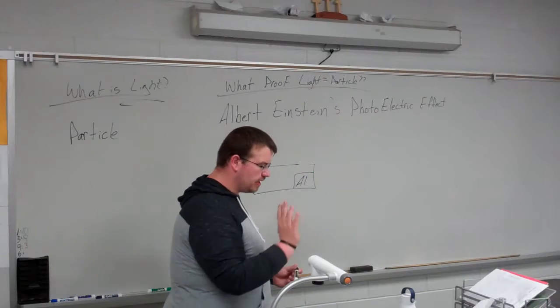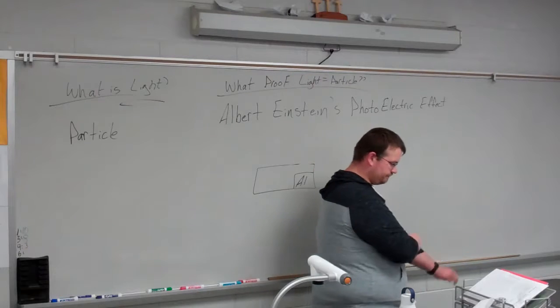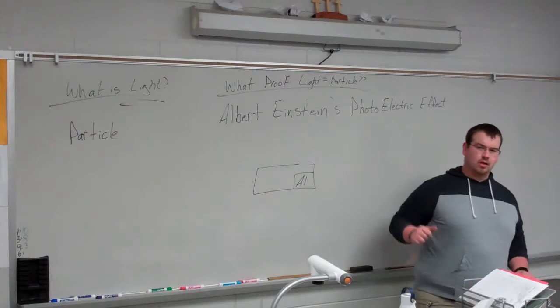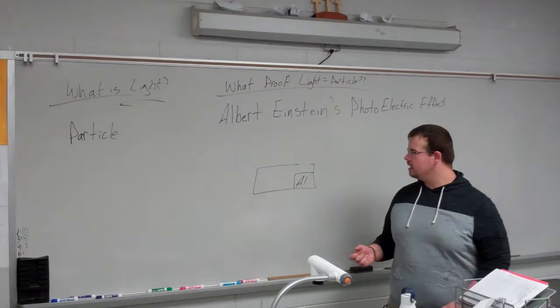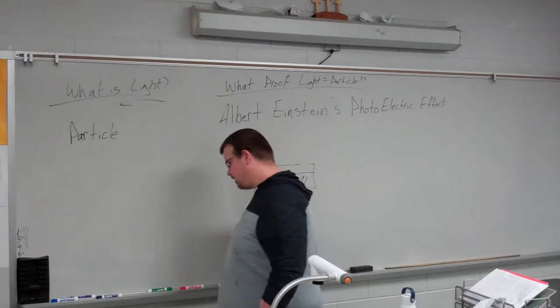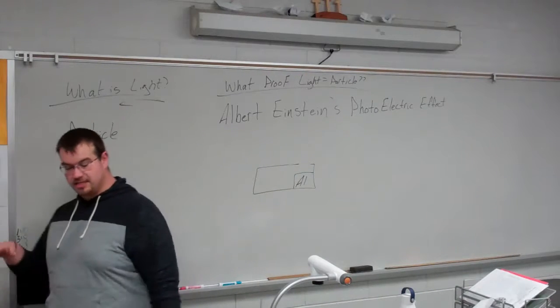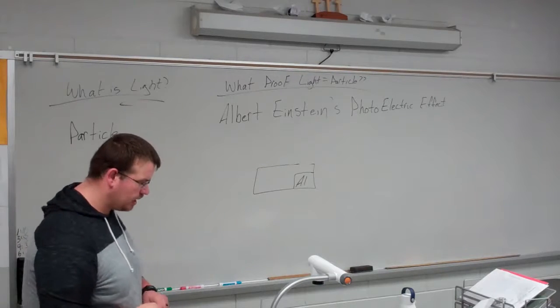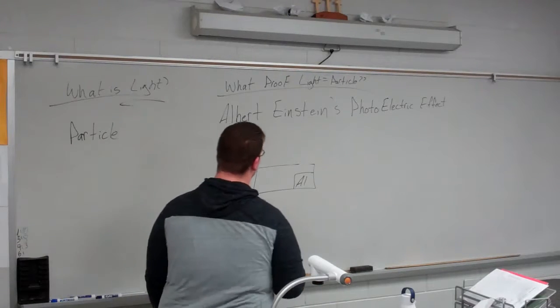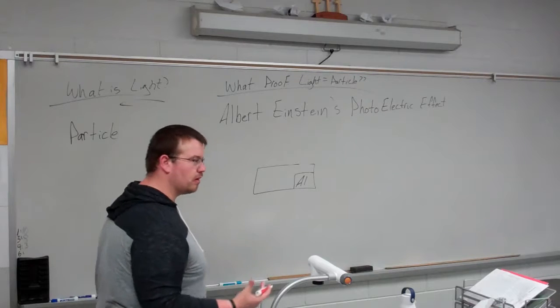This is what the photoelectric effect talks about. What Albert Einstein did is he took a piece of metal and he shined light on it. And this is the interesting thing. This is kind of how he started off.